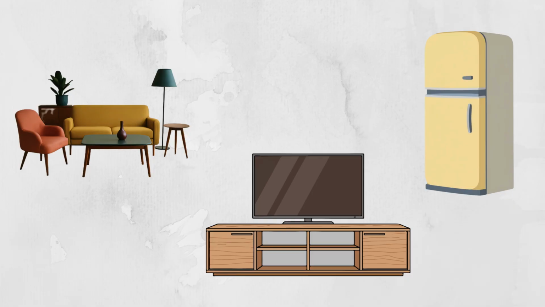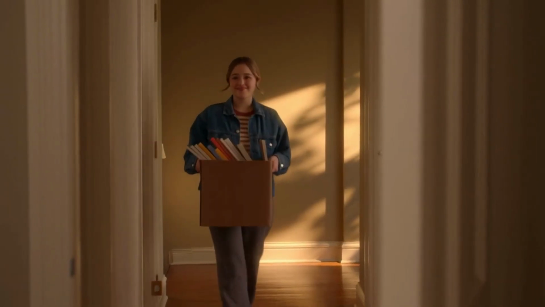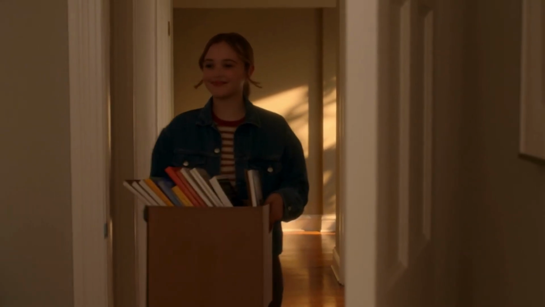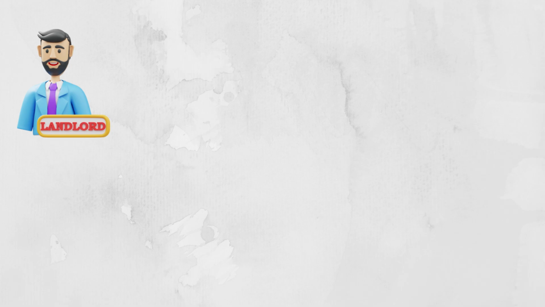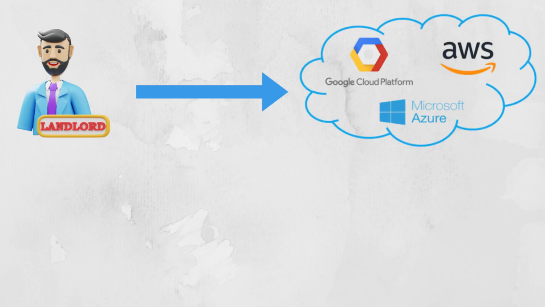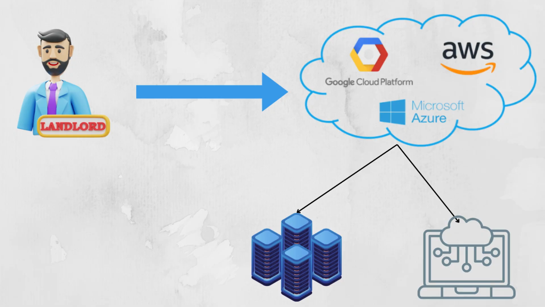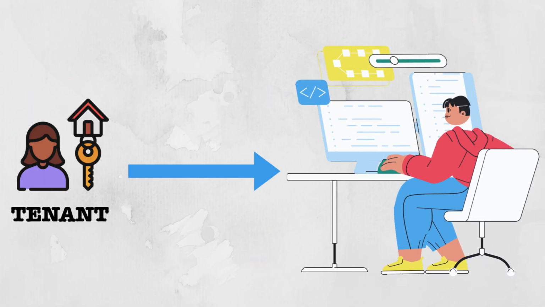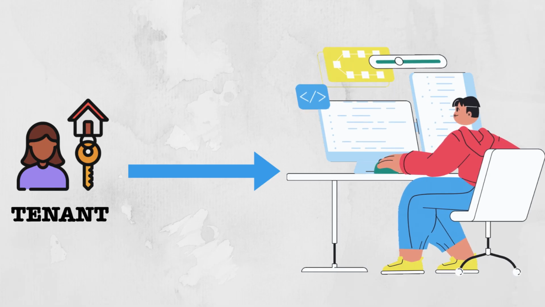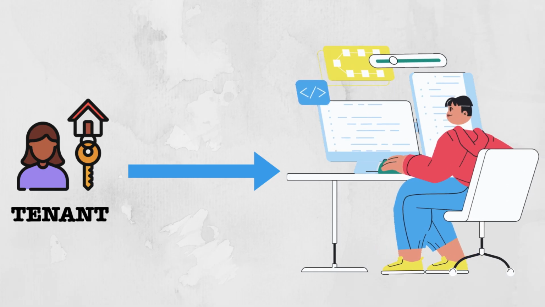All you do as the tenant is bring your personal belongings, settle in, and use what's already provided for a comfortable stay. So here, the landlord, your cloud provider, takes care of both the physical infrastructure and the virtual environment, while you, the tenant, simply focus on your applications, using the tools and resources the provider has already set up.